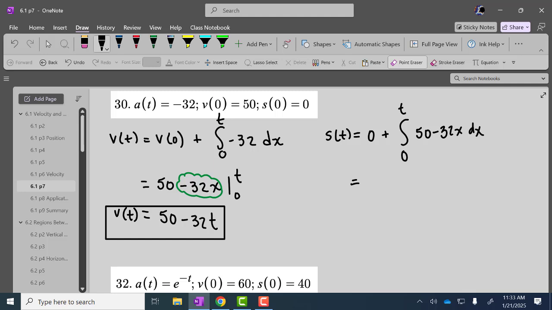Okay, antiderivatives. Antiderivative of 50, we're going to go with 50x. Negative 32x, add 1 to the exponent, get x squared, then divide by that new exponent. Negative 32 divided by 2 is negative 16. And that goes from 0 to t.